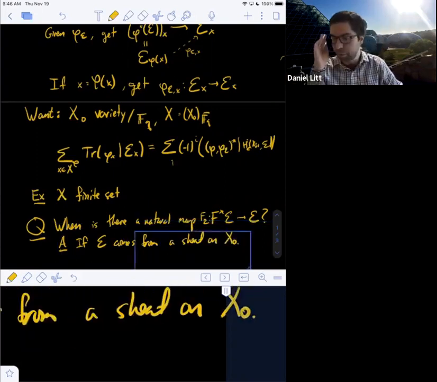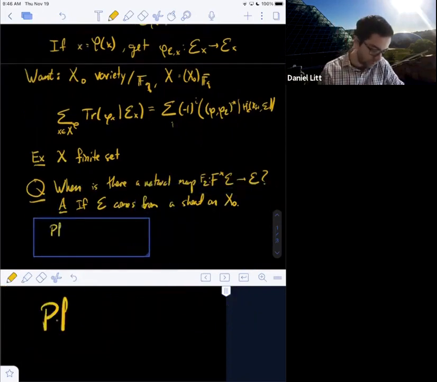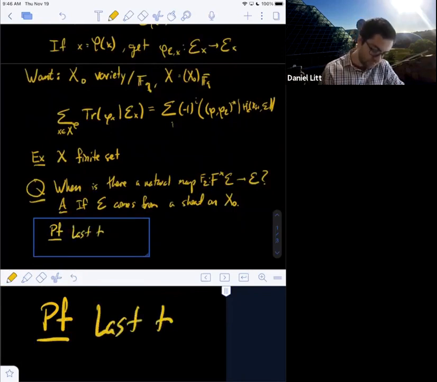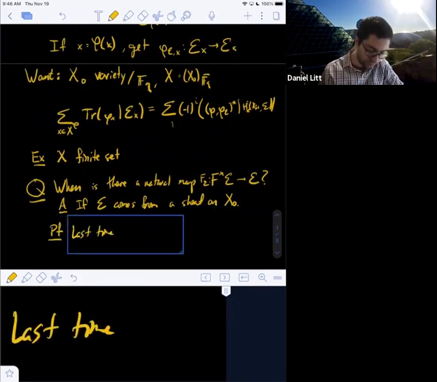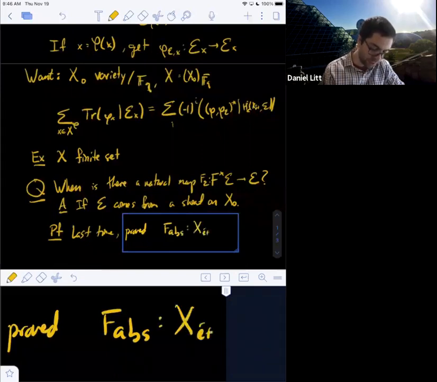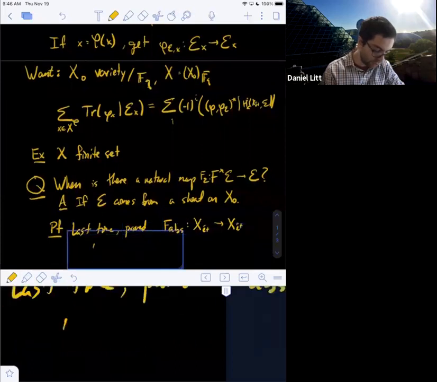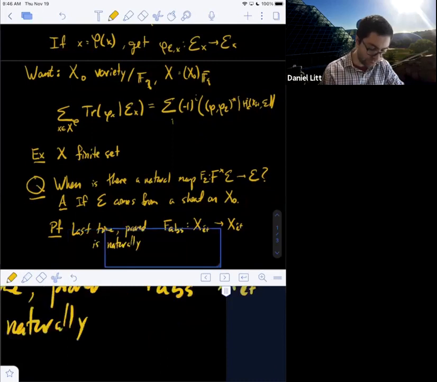So let me briefly explain why this is true. So the proof is, remember, last time we showed the following. We proved that the absolute Frobenius, as a map from the étale site of X to the étale site of X, is naturally isomorphic to the identity map.